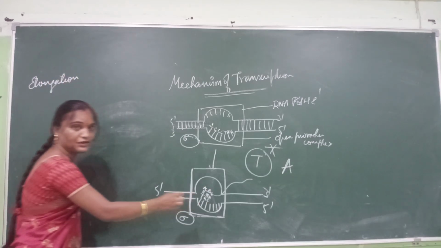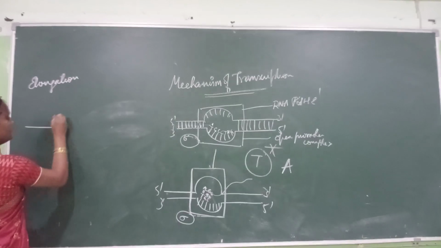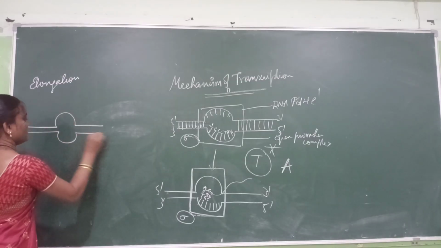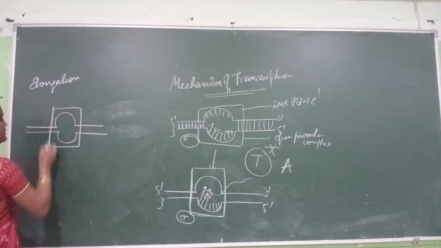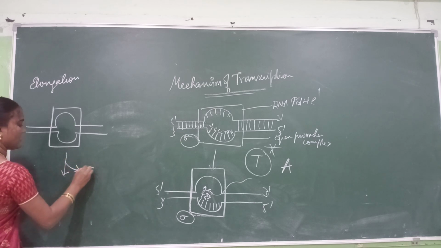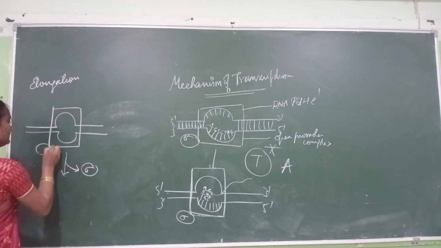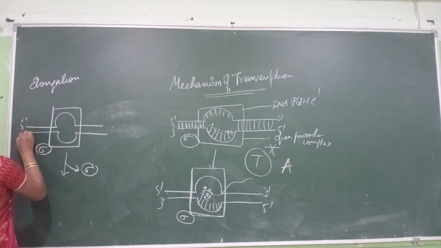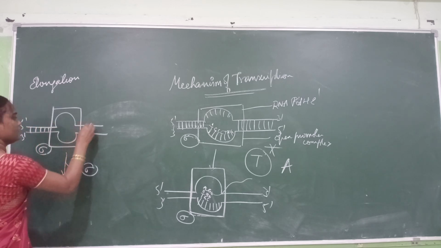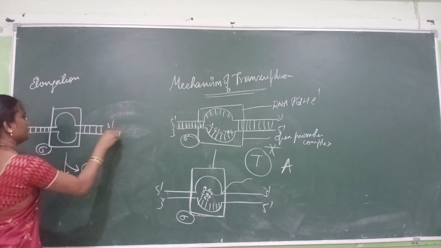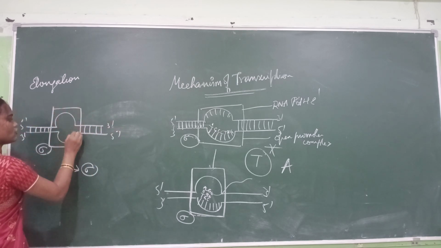After synthesis of 3 nucleotides, here this is your RNA polymerase. Now the sigma factor will get dissociated after some time. Here, this is your RNA polymerase, this is your DNA strand, and this is your open promoter complex.